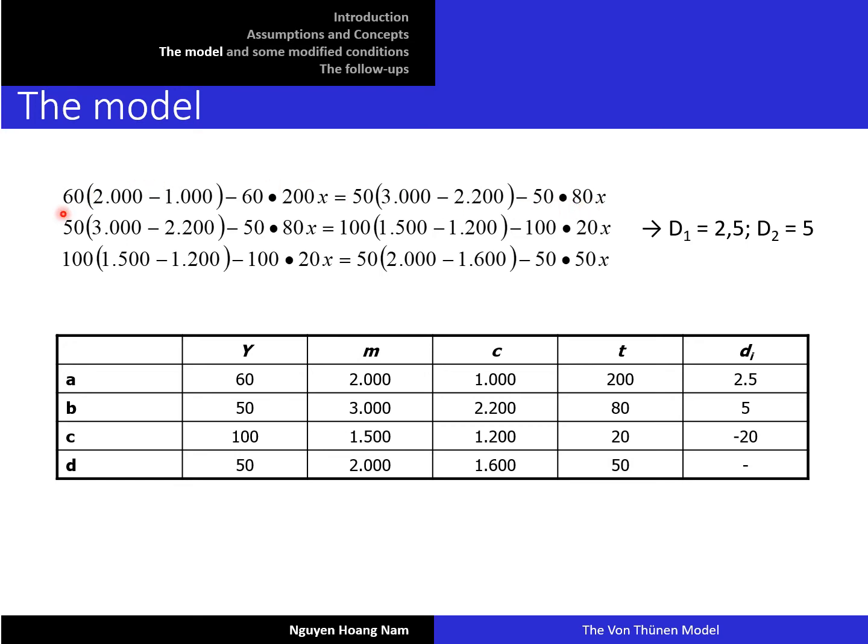By solving this equation, we'll find that X, which is D1, is also dA according to your notation, and it's also dB at that point. It's equal to 2.5 kilometers. So it's the point where we will switch from crop A to crop B.